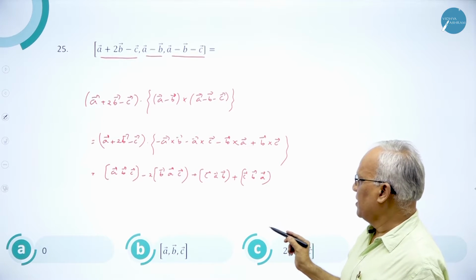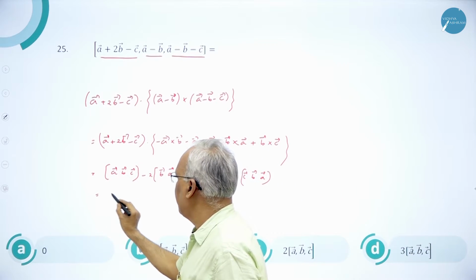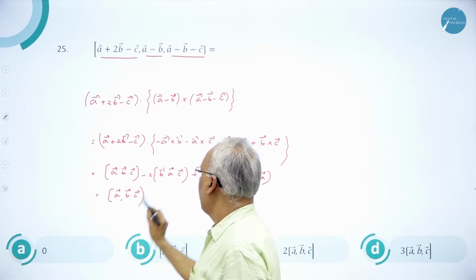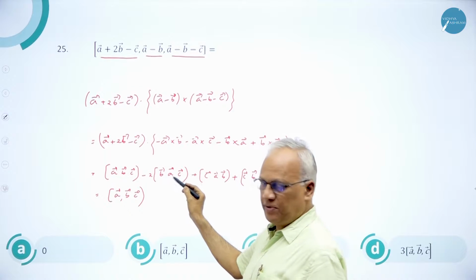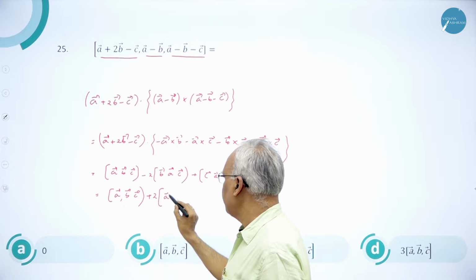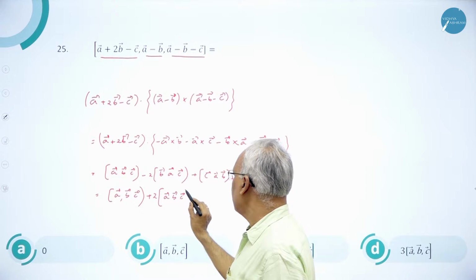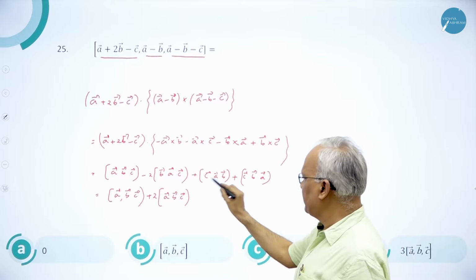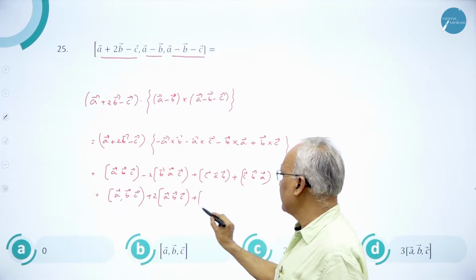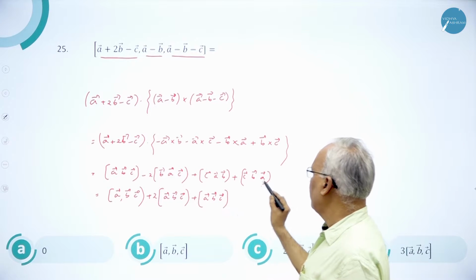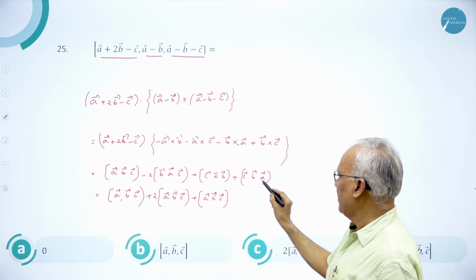So these terms. Now this is ABC as it is, and if you interchange these two, you get a plus 2 times ABC, and then here CAB, ABC, BCA, they are all the same, plus it is nothing but ABC, and now this is CBA.